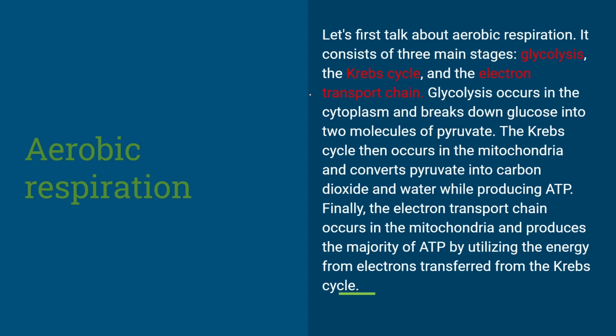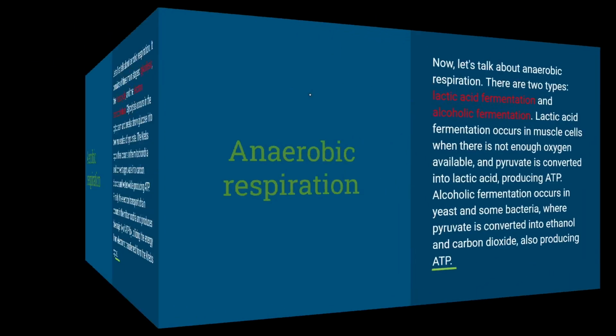The Krebs cycle then occurs after in the mitochondria, whereby pyruvate is converted into carbon dioxide and water while producing ATP. And then the last step of aerobic respiration is where the electron transport chain occurs in the mitochondria itself. So basically it occurs in the cristae, and produces a majority of the ATP by utilizing the energy from electrons transferred from the Krebs cycle. That is aerobic respiration.